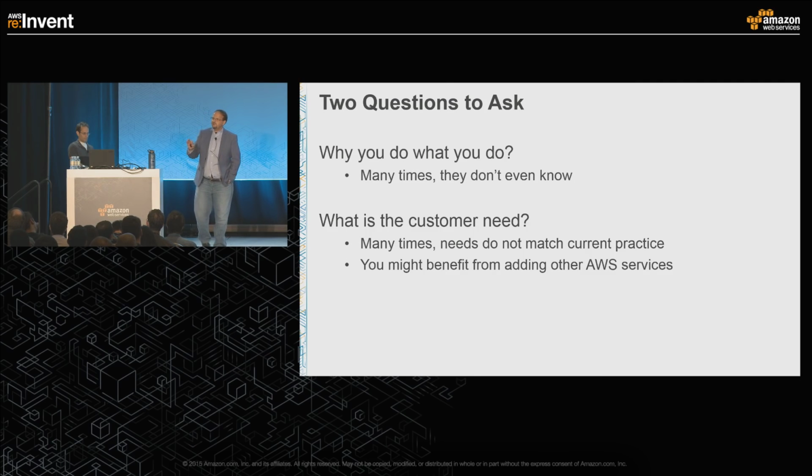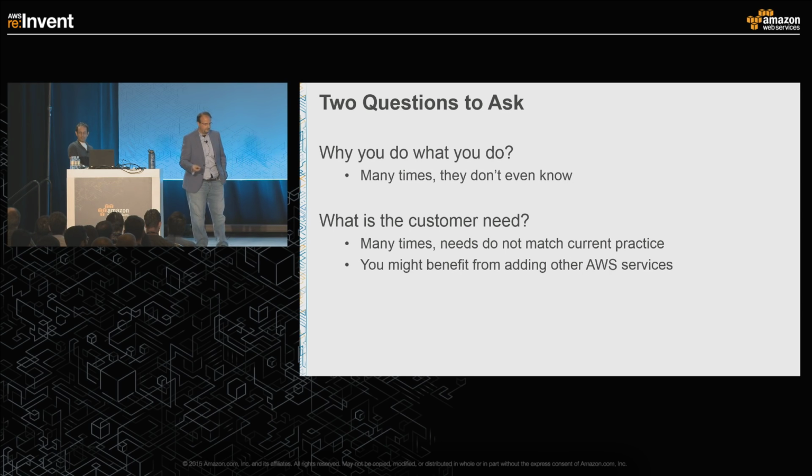When you start your process of migrating to Redshift, I want you to ask two questions. First, why do you do what you do? People may not know. Or it might be a limitation that doesn't exist anymore. Or it might be a limitation that you know the new system does not have. Right? You should know why you do what you do. We've always done it this way. Why? I don't know. Right?